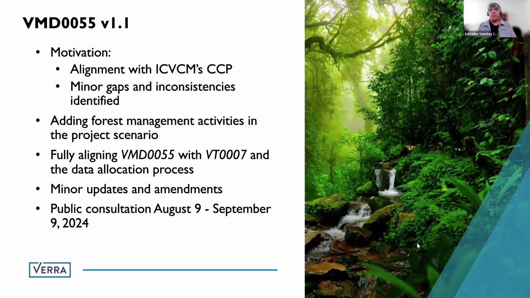All these changes were put together in what would be version 1.1 of VMD55. The draft version 1.1 was put out for public consultation a couple of weeks ago, and we invite you all to review the proposed new version and forward any comments or questions that you might have, so that we can address them and produce the final version as soon as possible. Next slide, please.